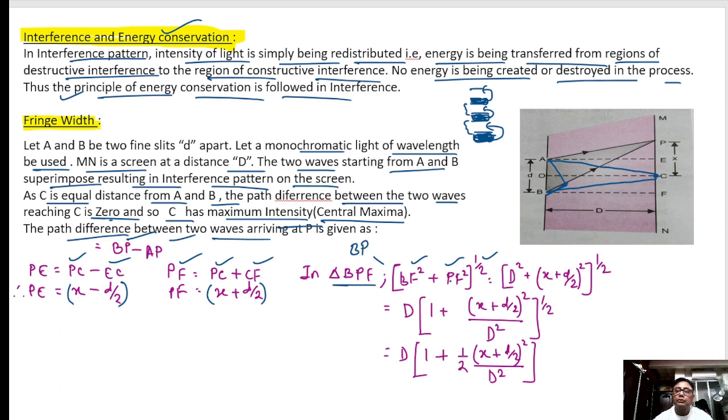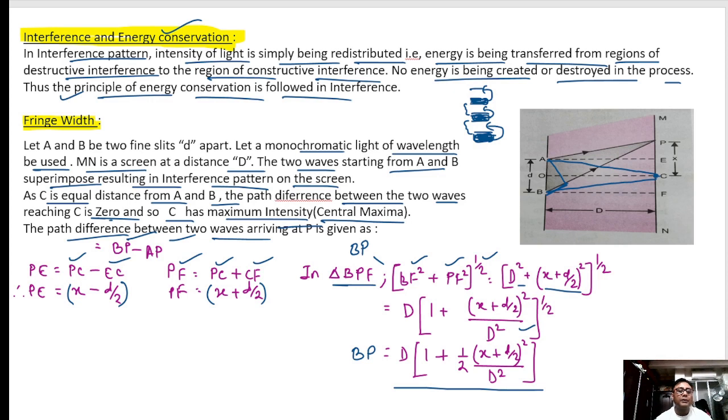Clear? So BF squared plus PF squared. If I add these two, BF squared is D squared, plus this square. Taking D common out, we can write like this, and using the binomial theorem we can expand this. This is BP.